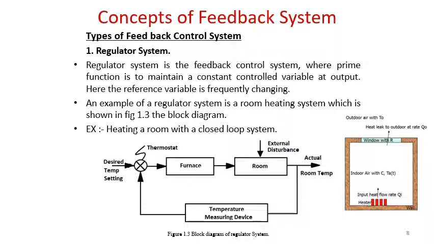When the number of people entering the room increases, you regulate it to a higher speed so that you get more flow rate from the fan. This is what happens in a regulator type of feedback system.